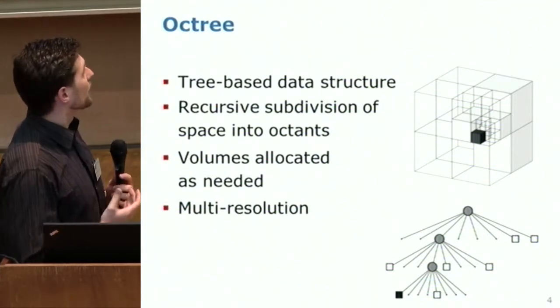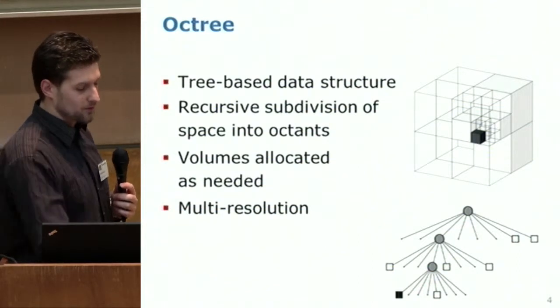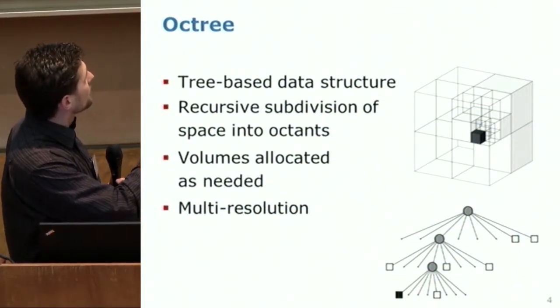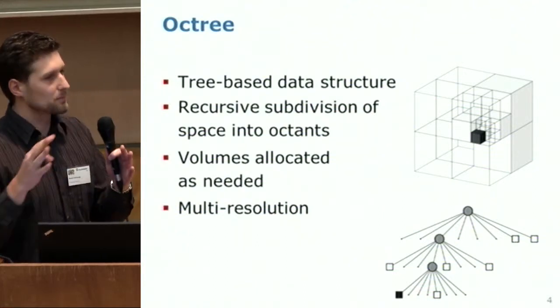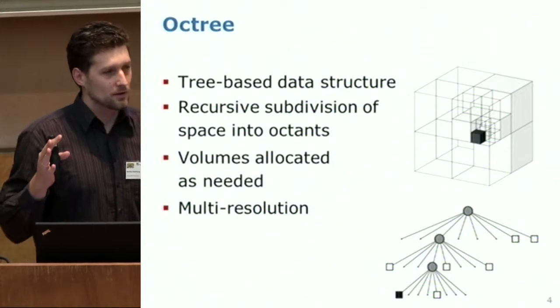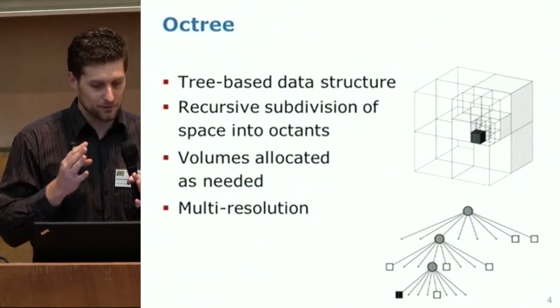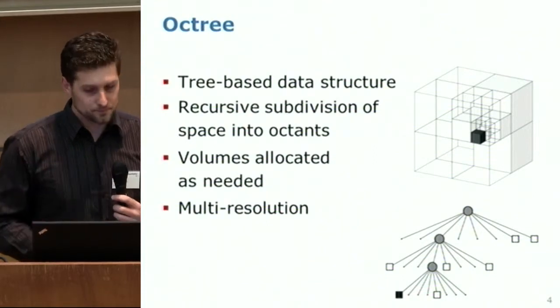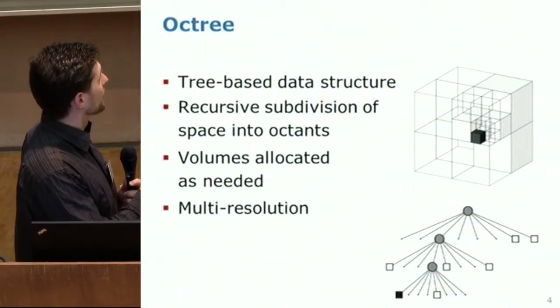You'll also see that you have a recursive subdivision of the space. We have this single measurement here, and this tree is recursively subdivided into 8 octants. So each voxel in the space can be refined incrementally by subdividing it into its 8 children. And these children don't have to exist.